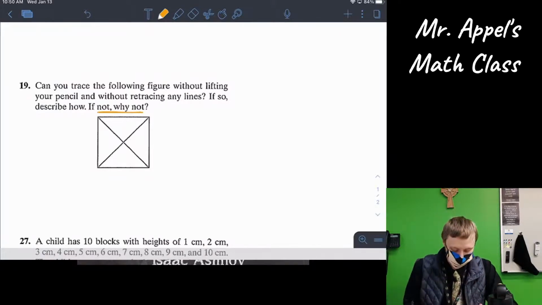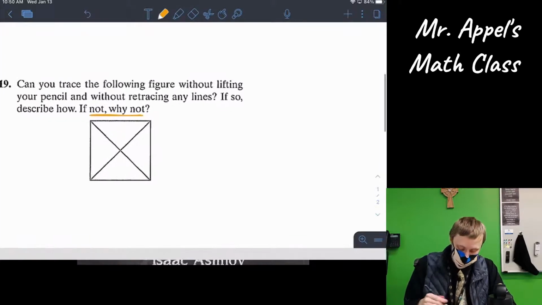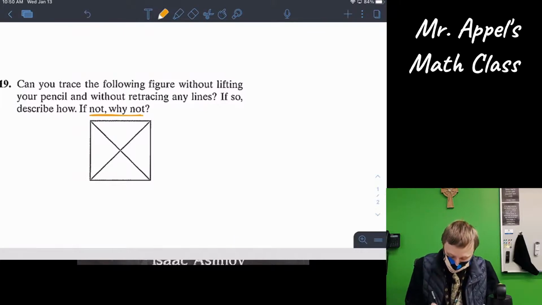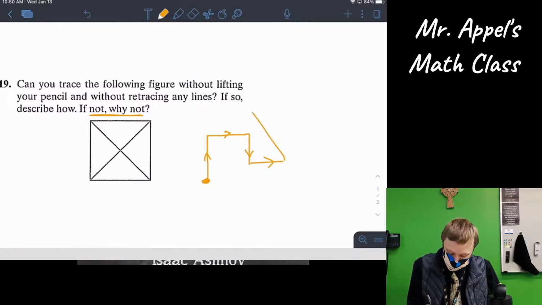Okay? And if you're describing how, might I suggest, instead of trying to write some paragraph first, draw your line up and then make a right turn, and put a big dot where you start. Then, as you draw, put in little arrows, like we do with the parallel line symbols, to indicate what direction you are moving your pen in. And then when you go over there, and then we go back this way, so I'm going up that way.